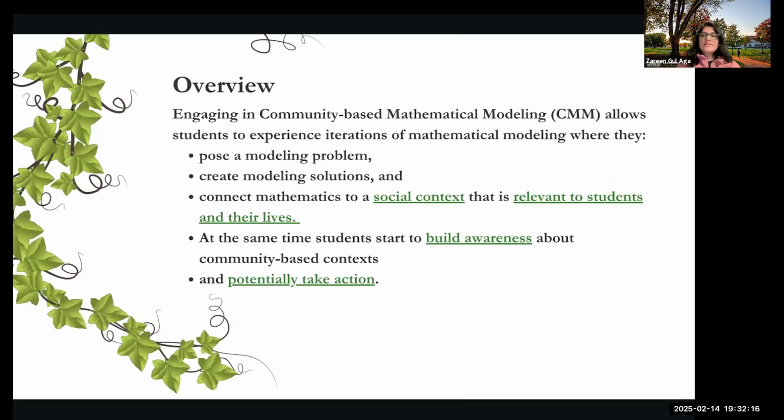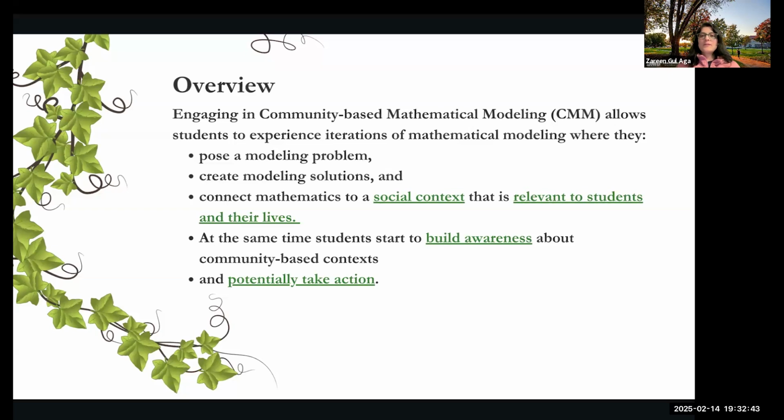Now, the community-based math modeling part has that community piece. As the students pose the math problem and come up with solutions, our goal is to connect mathematics to a social context that is relevant to the students and their lives. We wanted the students to bring those questions up by themselves, to notice the communities or the spaces within which they were embedded.